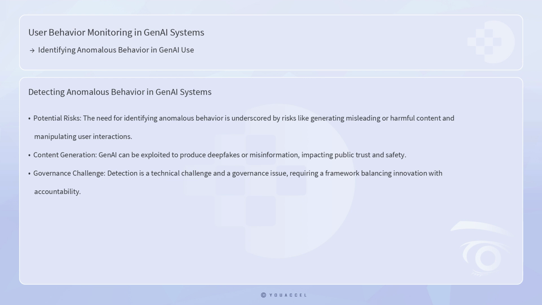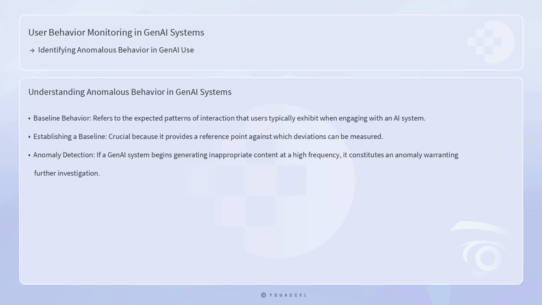balances innovation with accountability. At the heart of identifying anomalous behavior in GenAI use is the concept of baseline behavior. Baseline behavior refers to the expected patterns of interaction that users typically exhibit when engaging with an AI system. These patterns can include frequency of use, types of queries or requests made, and the nature of the content generated or consumed.